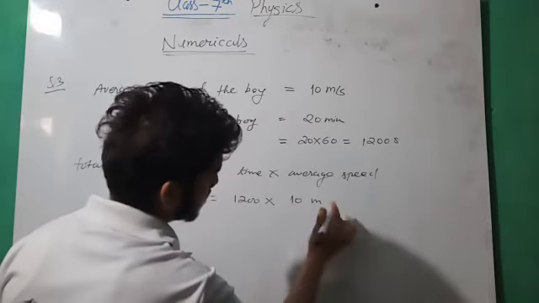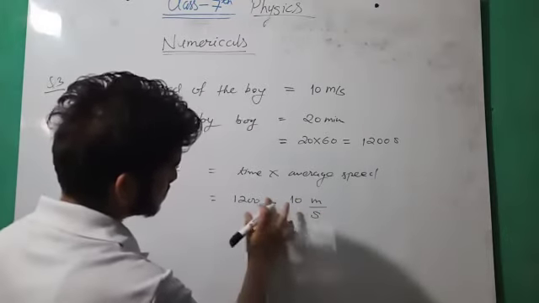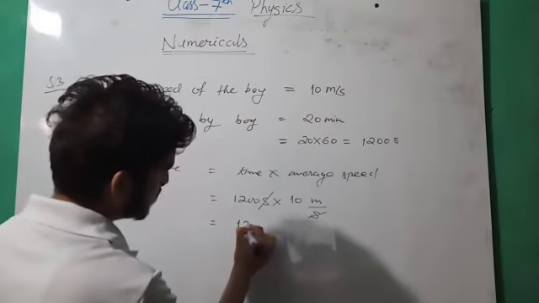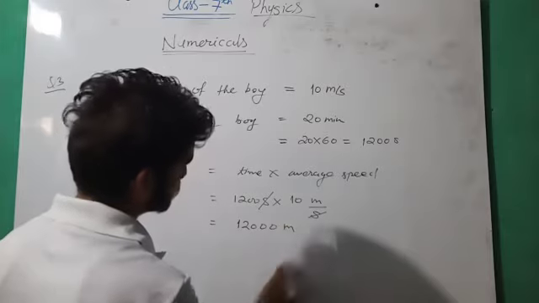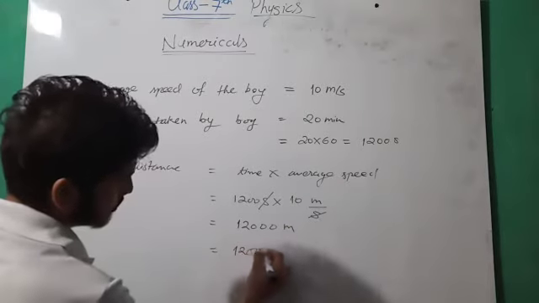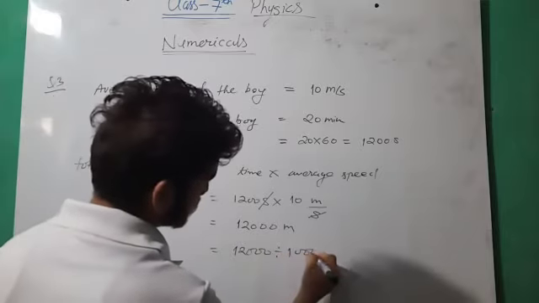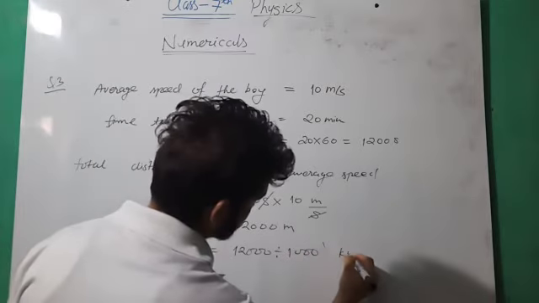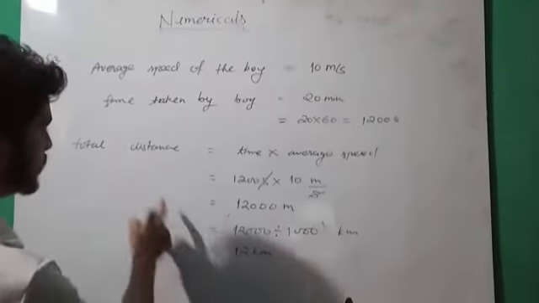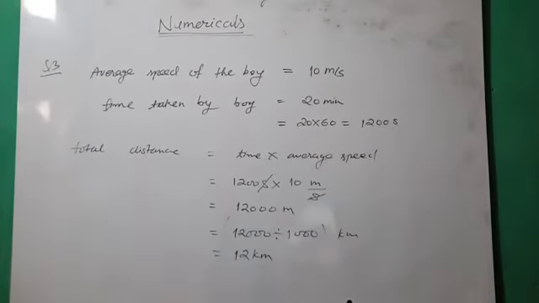The seconds cancel. We have 12,000 meter. Divide by 1000 to convert it into kilometer. So the answer is 12 kilometer. So total distance is 12 kilometer.